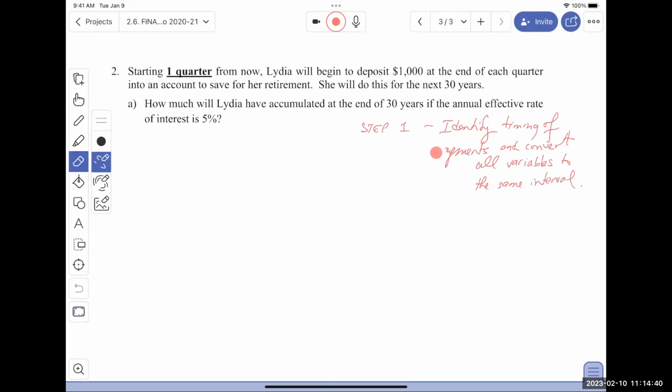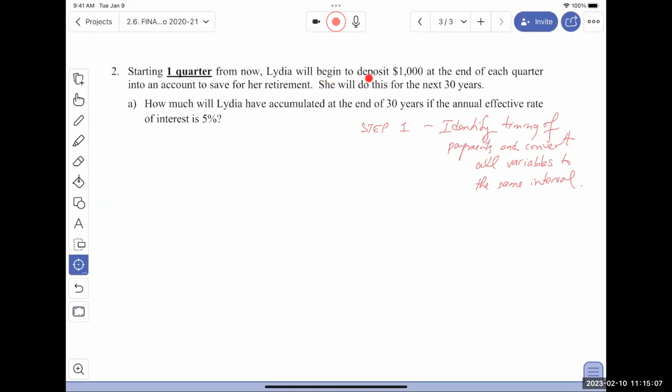So the timing of payments, that's step 1. And then I don't get into step 2, 3 too much. I do it for a while, but the main thing is step 1, because sometimes there's 2 steps, sometimes there's 3 steps. The main thing though is step 1, and it's consistent through all the problems: identify the timing of payments and convert all variables. So what am I talking about?